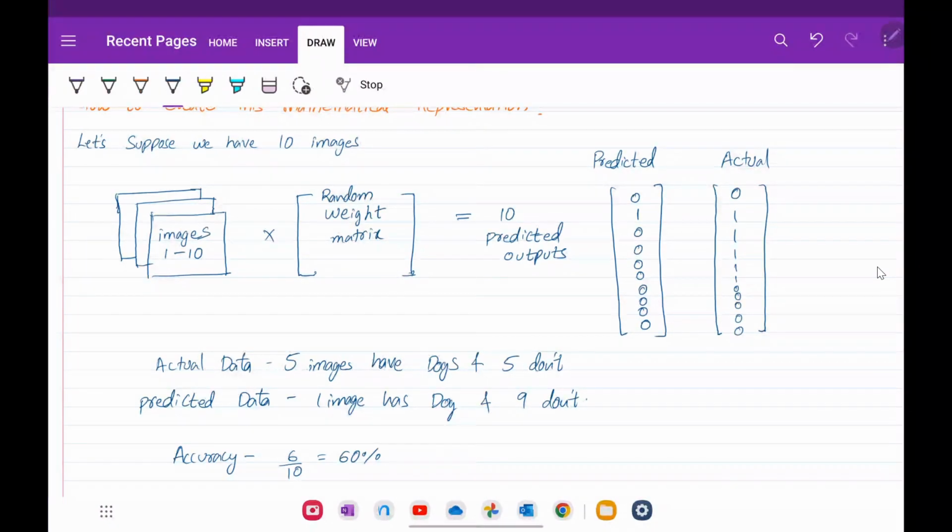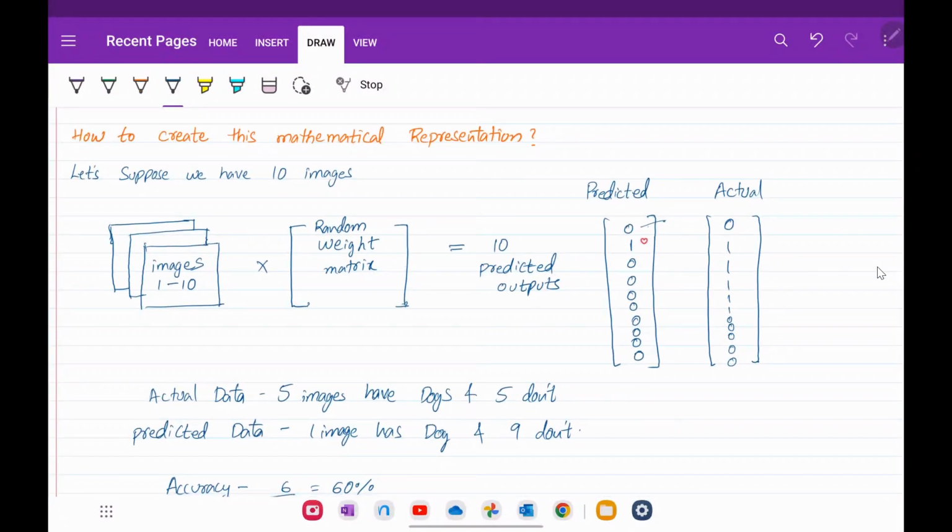Now let's assume that this multiplication is really well defined such that we get outputs in terms of zeros and ones. So the predicted output is this one, where for the first image, the prediction is 0. That means the dog is not present in this image.